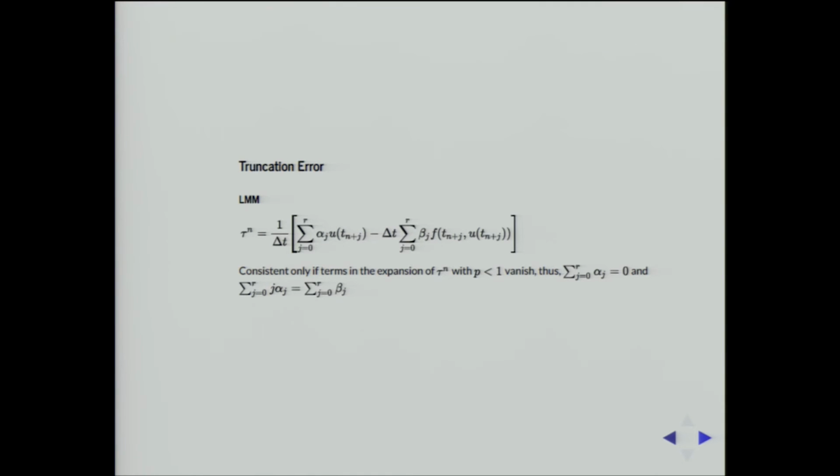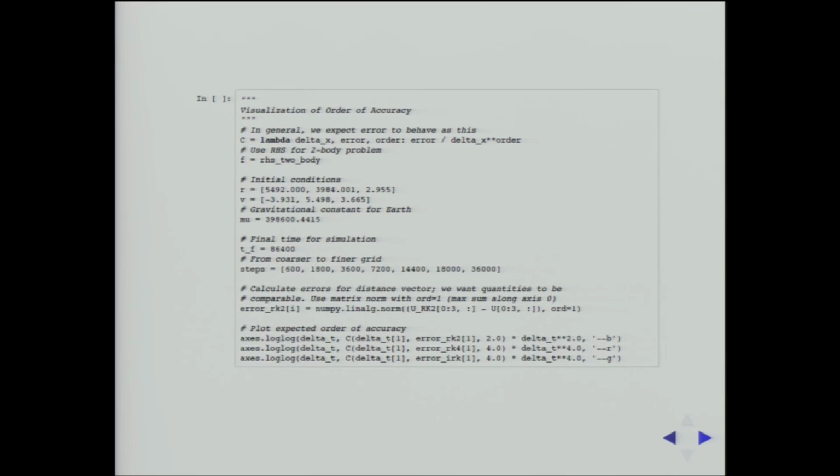So the condition for the linear multi-step method to be consistent is that the sum of all my alpha j's should be 0, and this other condition here should be satisfied.